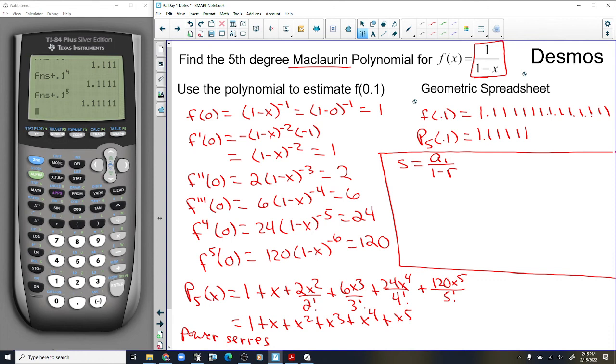That is the infinite sum of a geometric series, where a sub 1 is equal to 1 in our case, and r is equal to x in our case. So we start with 1, and we keep multiplying by x. So p sub n of x is start with 1, and then just keep multiplying by x.